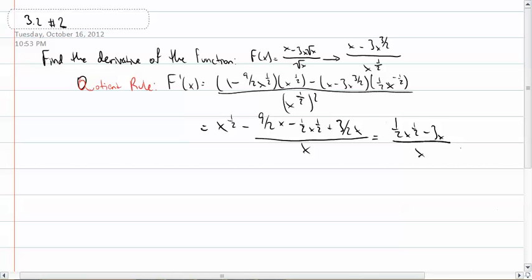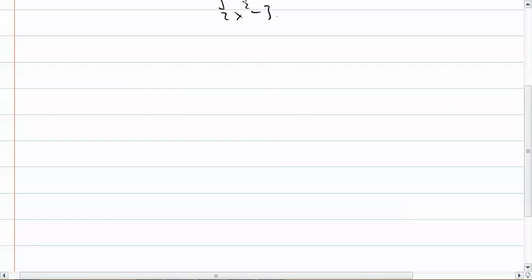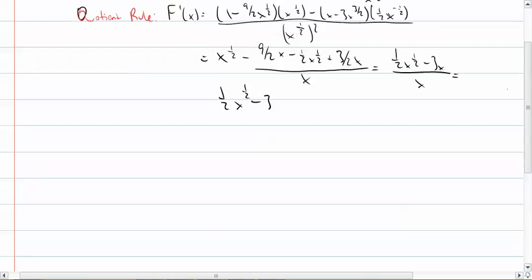And then you go from that to 1 half x to the negative 1 half, sorry, minus 3, and that is your answer.